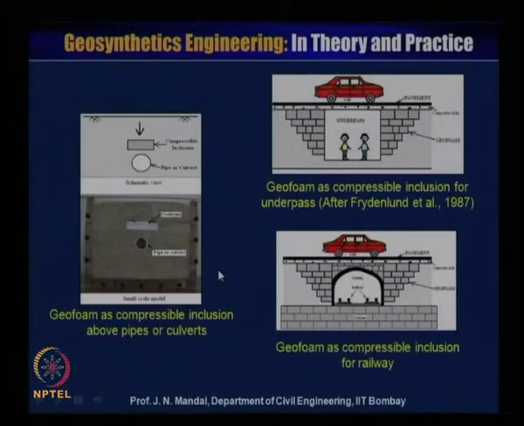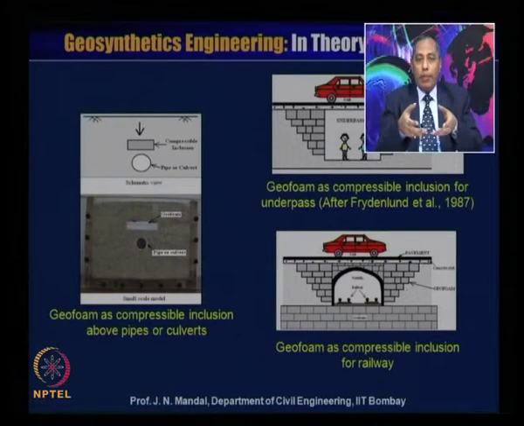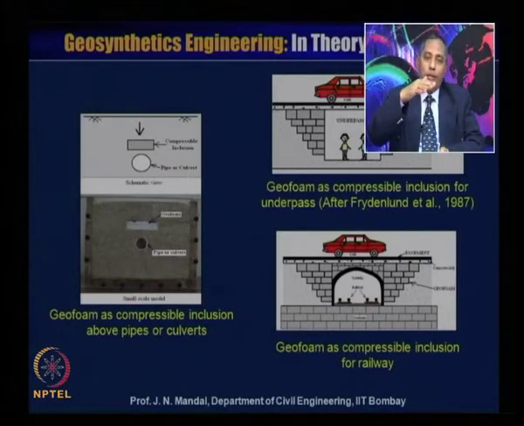Now here is geofoam as a compressible inclusion above the pipe or the culvert. Sometimes you can see that a pipeline or pipe passes below the ground surface and you are required to fill up with soil up to a certain depth. So you can minimize the depth by the inclusion of the geofoam material, where geofoam material will act as a compressible inclusion.